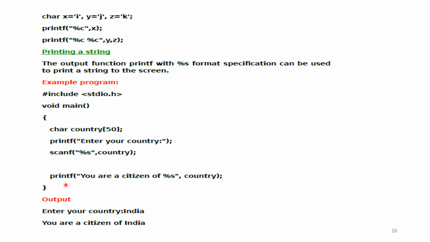Also inside the printf function too, the format specifier for the variable country. Country is a character array, right? And you know a string is an array of characters. The format specifier for string, %s, you should mention inside the printf function to print the character array country onto the screen.